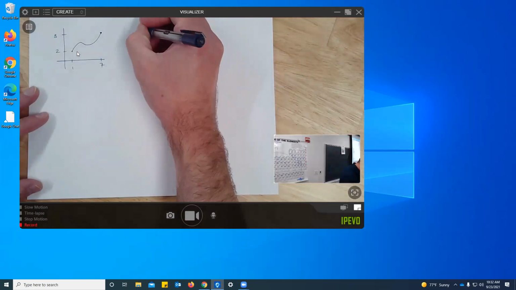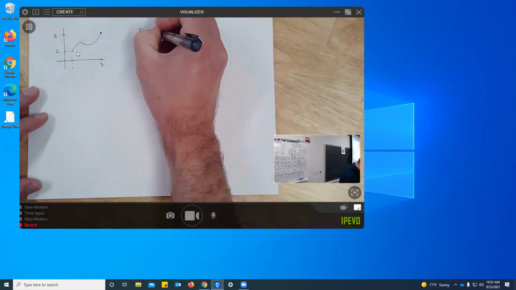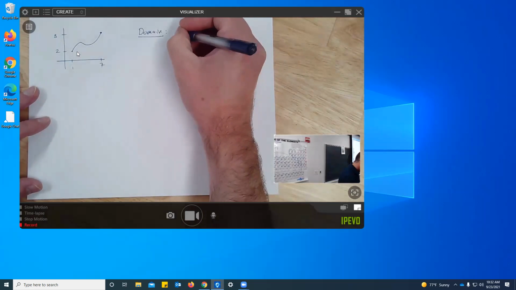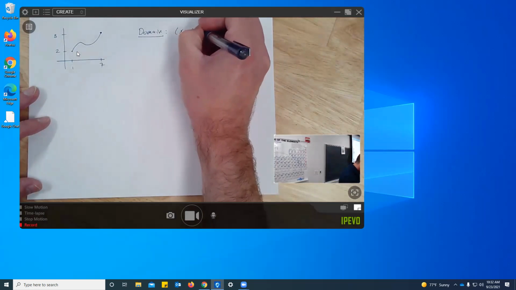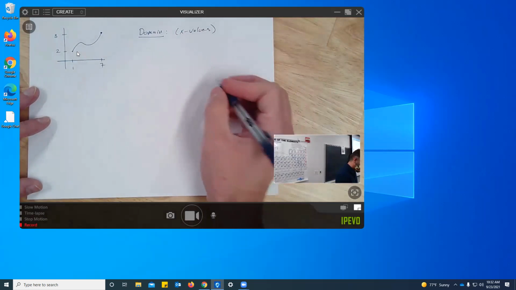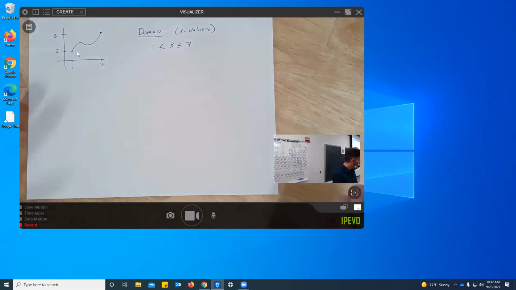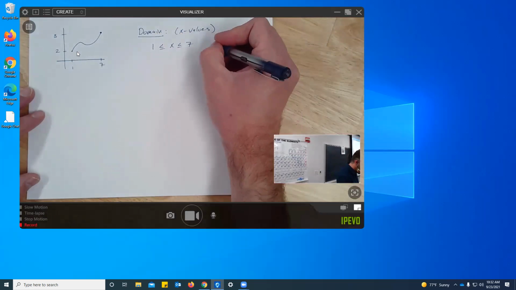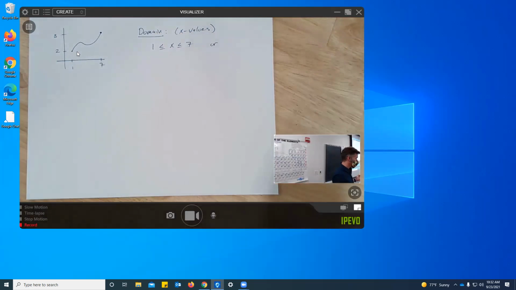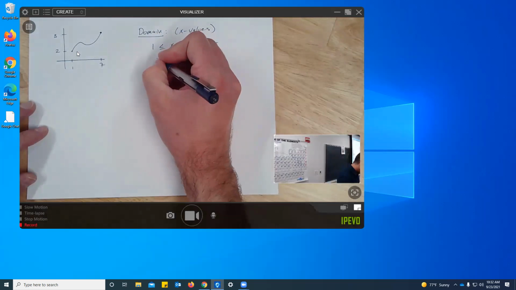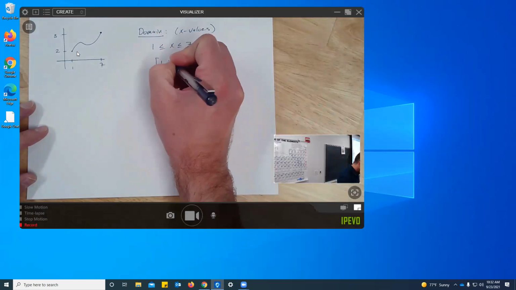So let's talk about some basic things. Domain, just the x values. We could say that x is between 1 and 7, or typically people like to use interval notation when we talk about domain. So it would be bracket 1 to bracket 7.